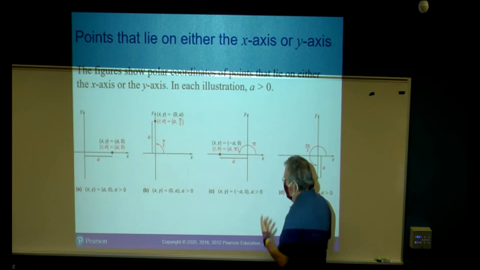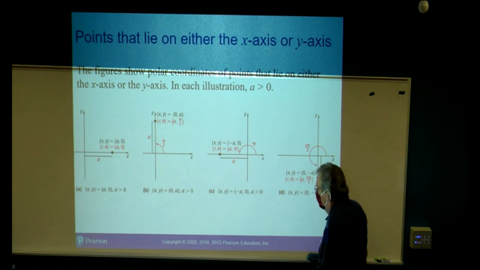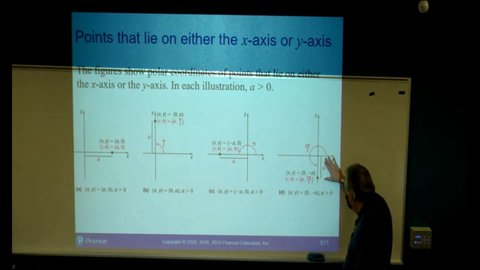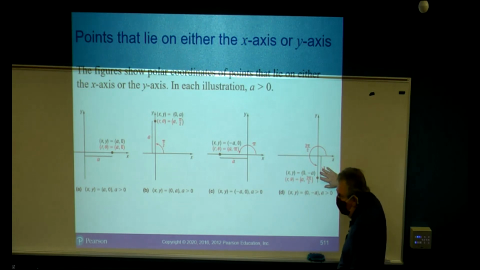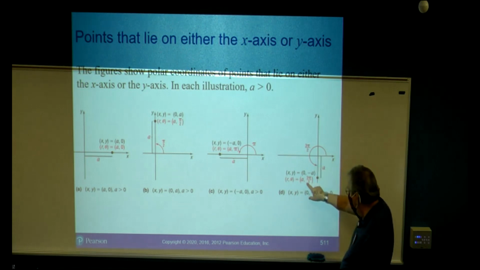There are always more ways of writing it, but this is simple. And in this case, the point is on the negative portion of the y-axis, so this ray is 3 pi over 2.